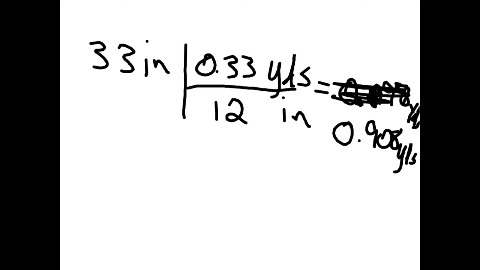You multiply everything across the top, and then everything on the bottom you divide by. Okay? You divide by everything that's on the bottom. So, this is how I set up a conversion.